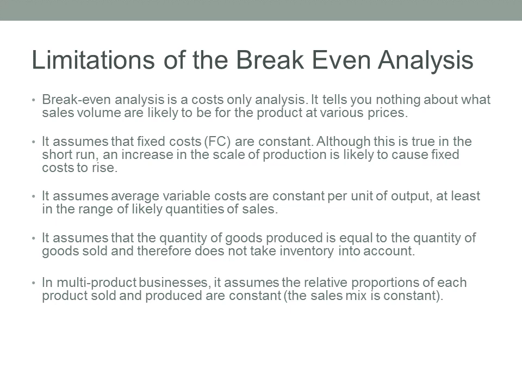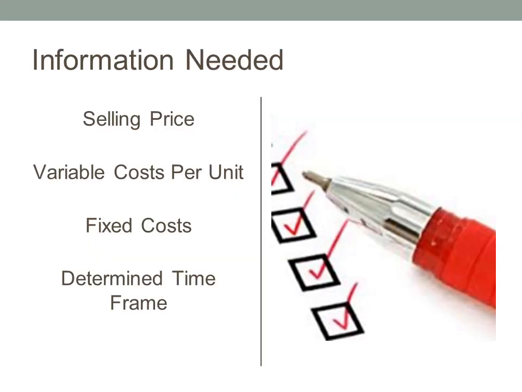So there's some information that you're going to need whenever you start to do your break-even analysis. One piece of information is going to be your selling price. So you already need to know how much you're going to sell that item or that service for. And you're also going to need to be able to determine what your variable cost per unit are. So again, back to the hamburger.